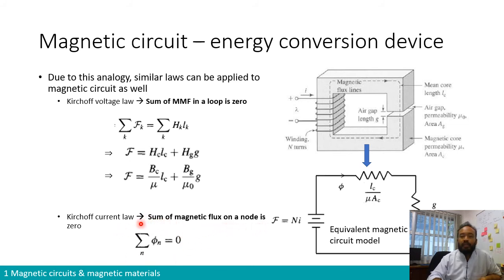In simple terms, we can write it as this equation. For example, we take this node over here: there is flux coming from the core going into this node, and there is flux going out into the air gap from this node. The sum of them will be equal to 0. After this, if we are treating exercises or problems related to magnetics, we can use the same principle to find different parameters of our magnetic circuit.